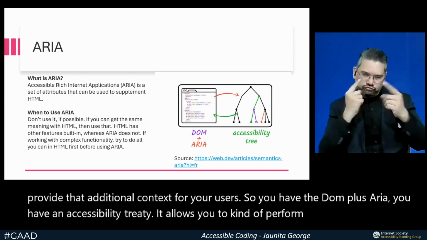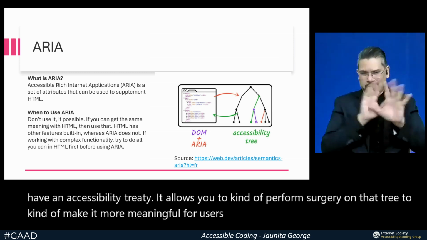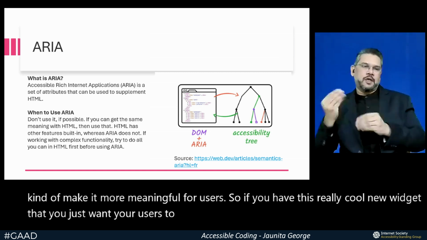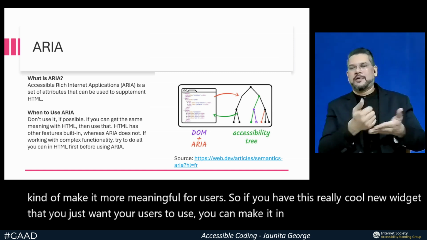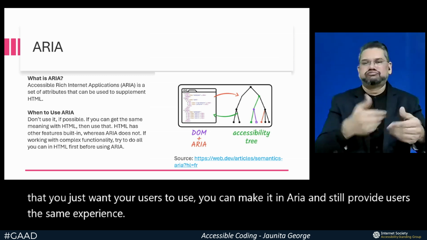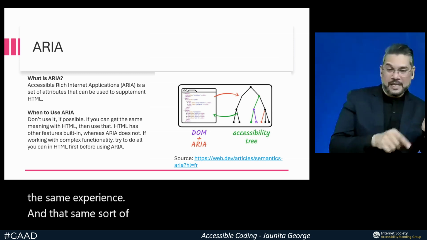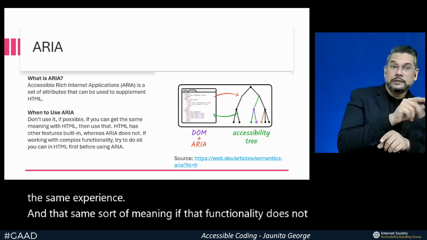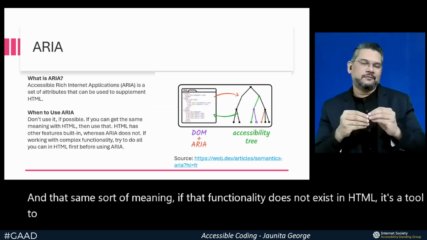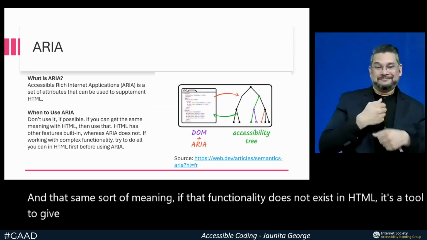So if you have this really cool new widget that you just want your users to use, you can make it an ARIA and still provide users the same experience and that same sort of meaning if that functionality does not exist in HTML.